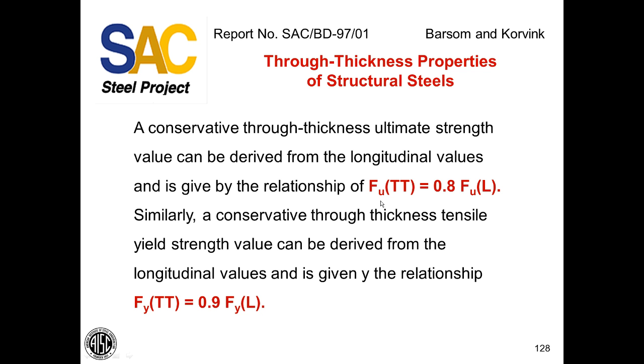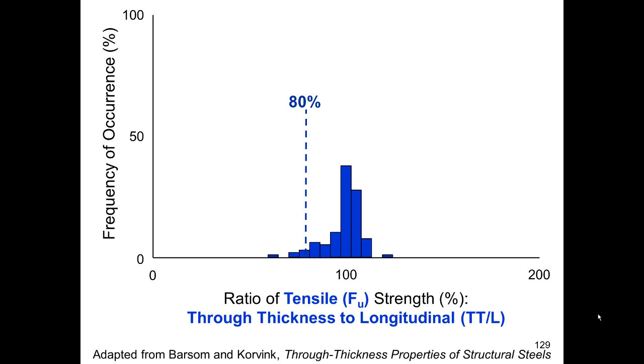And in the case of through thickness of the yield, they say 90% of the longitudinal. That kind of makes sense. Most of the data is to the right of this 80% bar that I'm showing on the graph. So they say a conservative estimate could be 80%. A conservative estimate on yield, they said 90%.